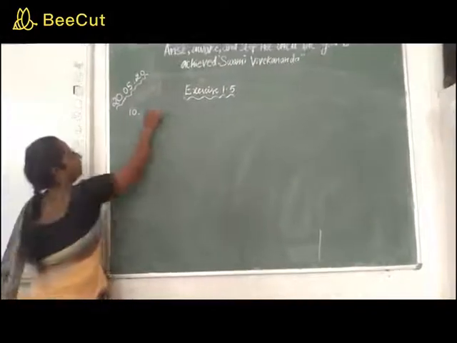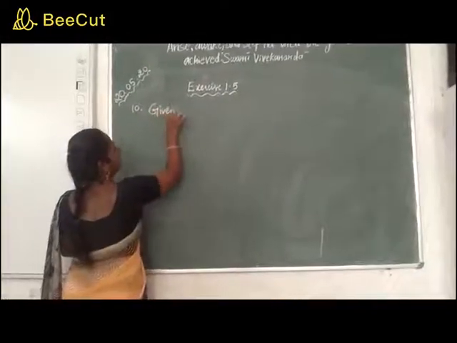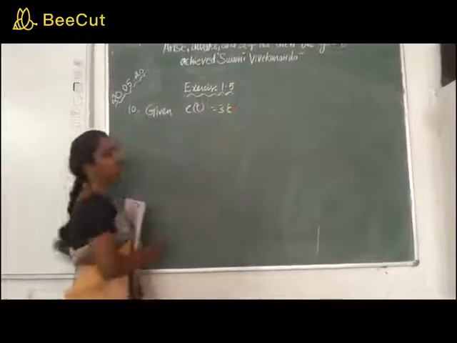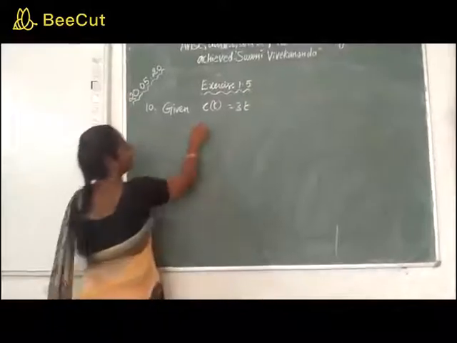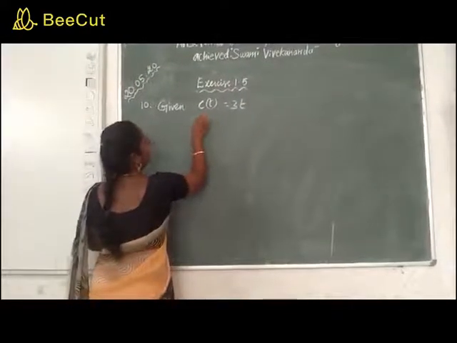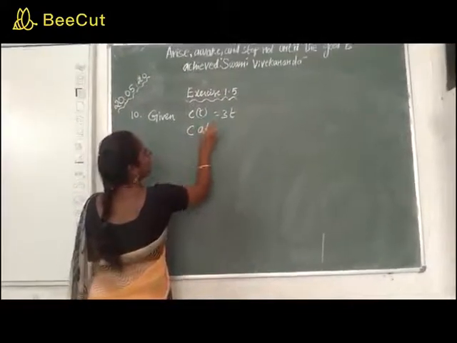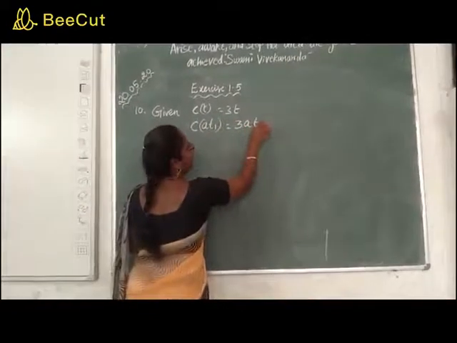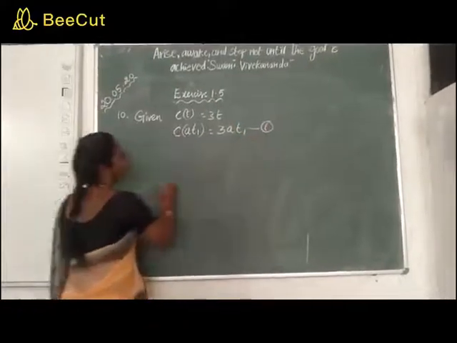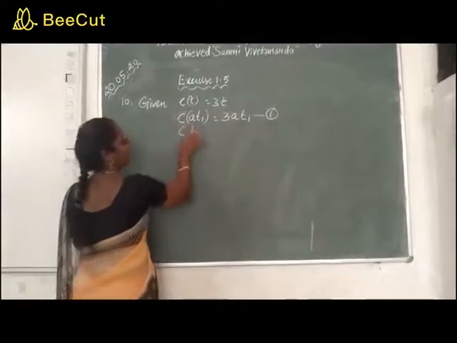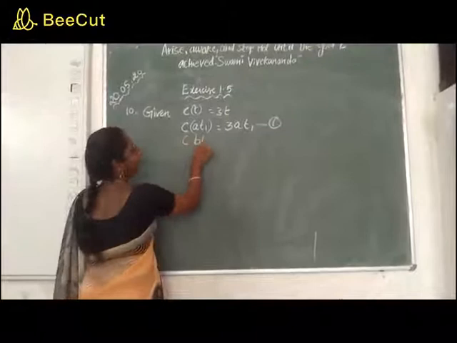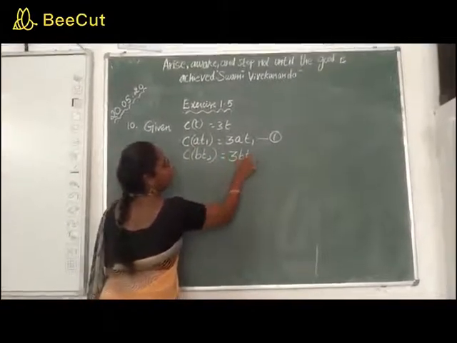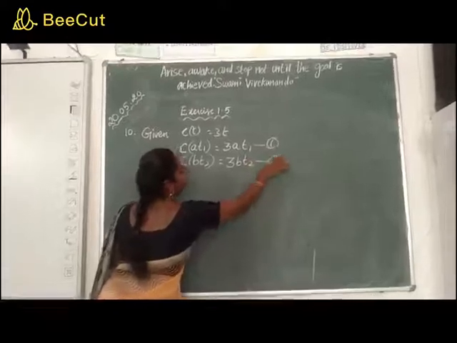So the given value is C(t) equal to 3t, a linear function. For the first circuit, C(a t1) is equal to 3a t1. This is equation number 1. Next we take the second circuit, C(b t2), which is 3b t2.